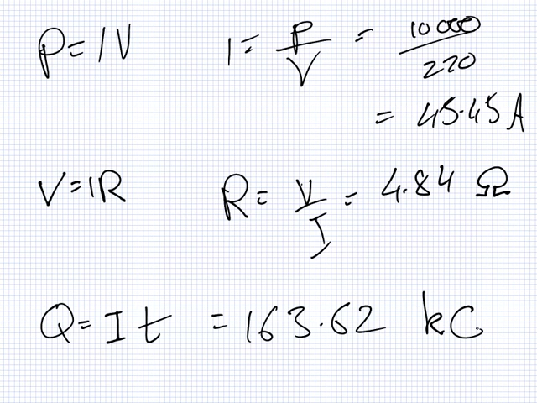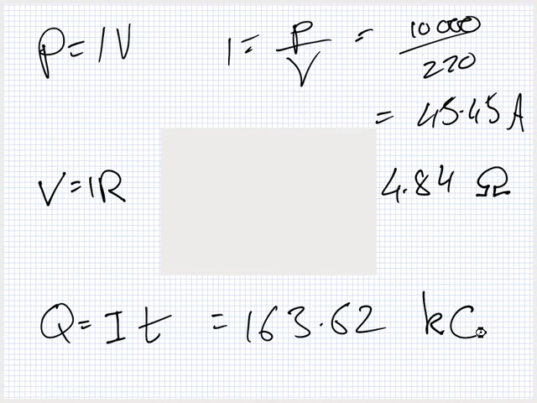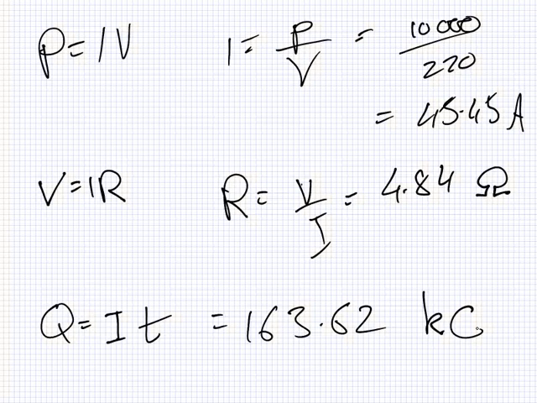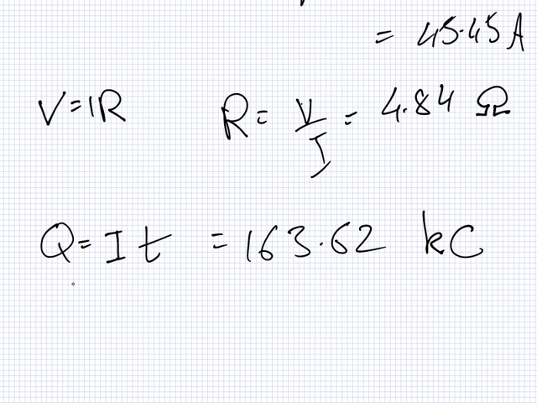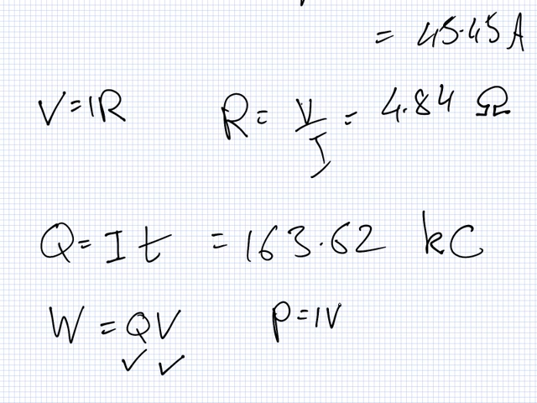And lastly, how much work has the oven done? Now, you actually have a couple of ways to do this. You can use W equals QV, because you know both of these. Or you can also use the formula P equals IV, which equals work over time. So you can also say work equals VIT.